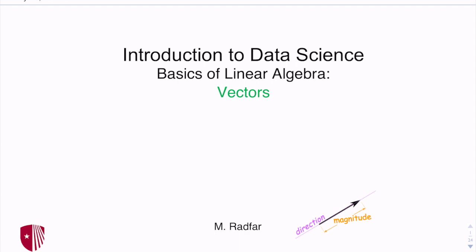Also, we know that these days most of the prediction methods are based on deep learning, and they have devised software and also hardware that are optimized to do vector operations. So for these two reasons, we need to explore the concept and also the different operations on vectors.